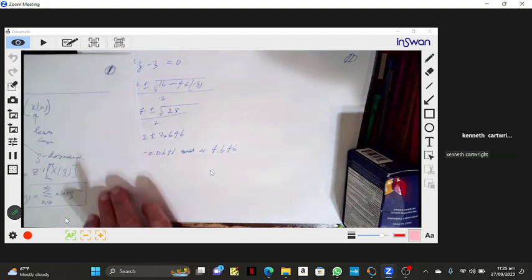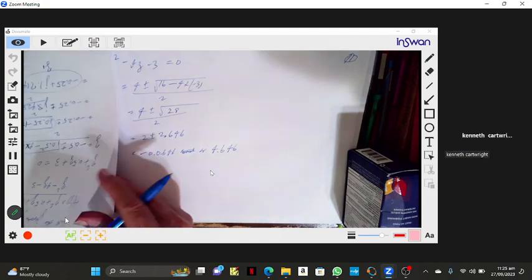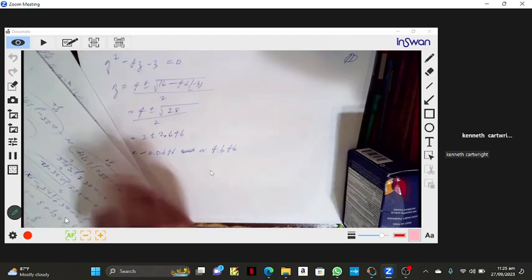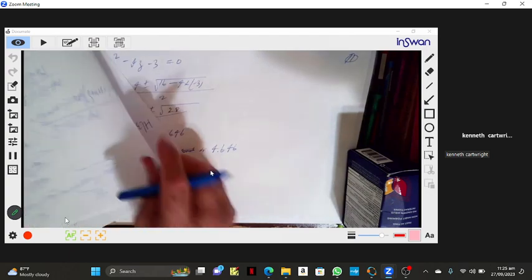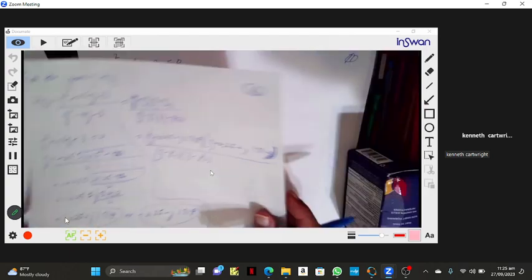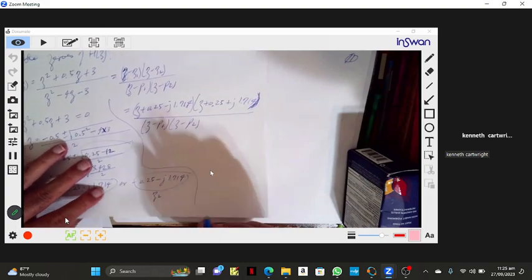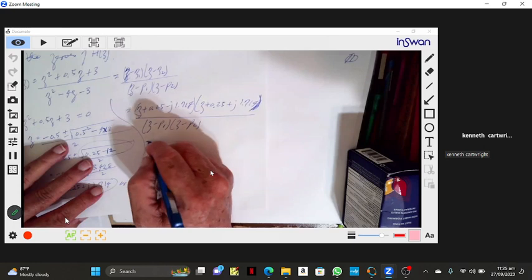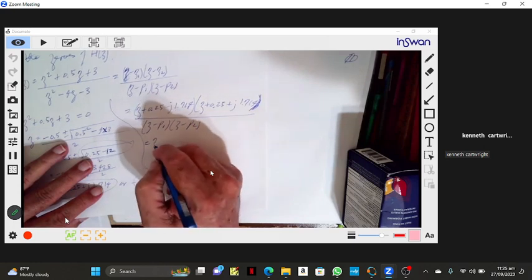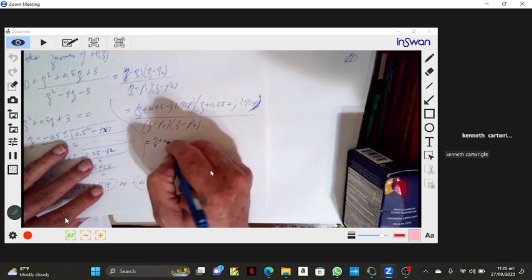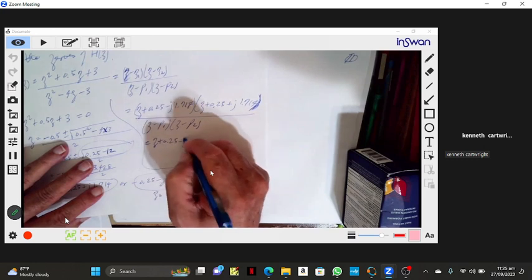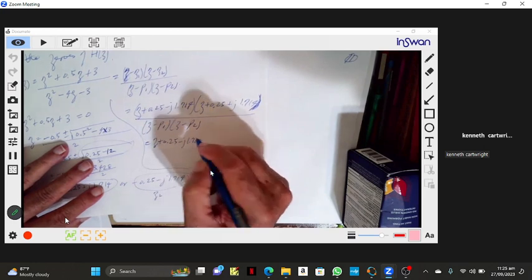Yes, I need the previous page. You need to go back here. So I'm going to rewrite out the numerator.